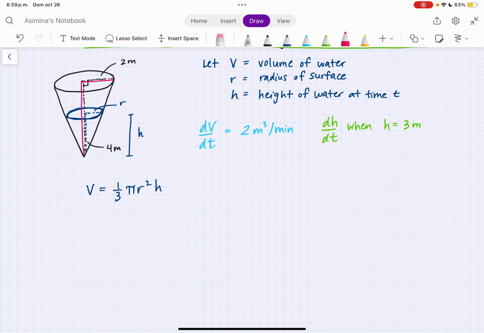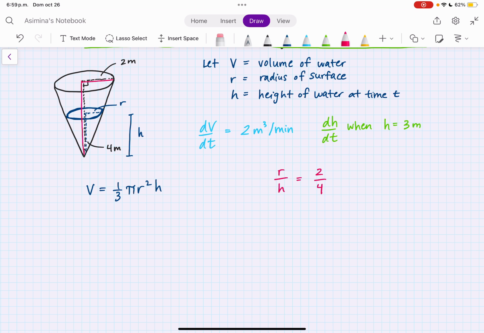So the ratio of the radius to the height is 2 to 4. I can express this as a fraction, right? I can write r over h equals 2 over 4.